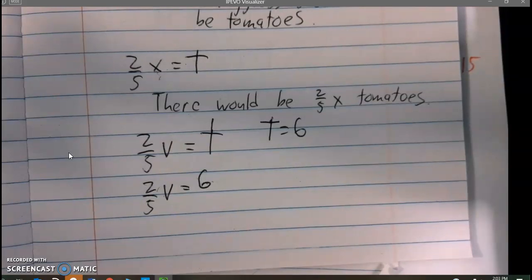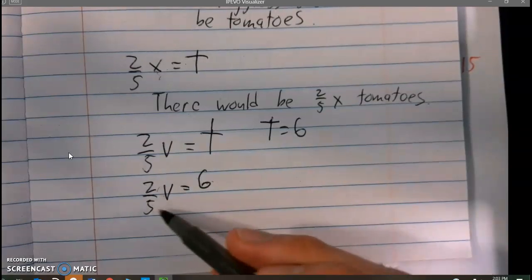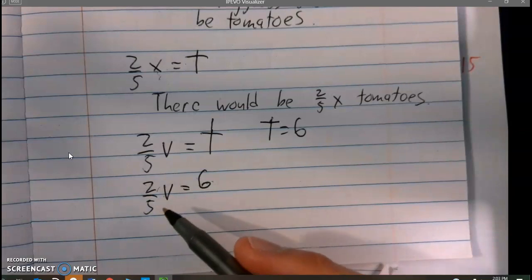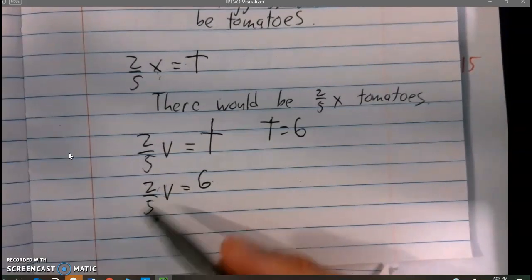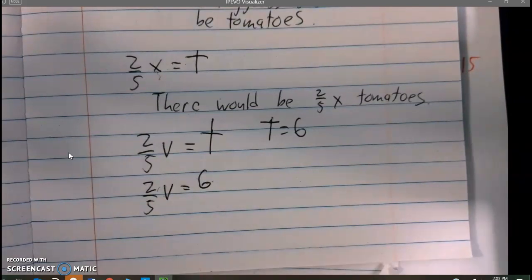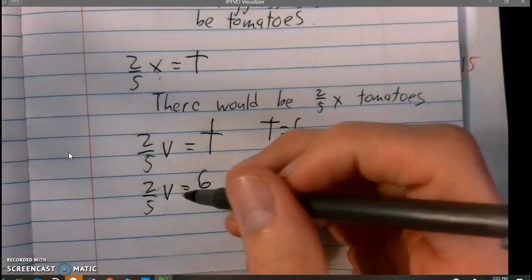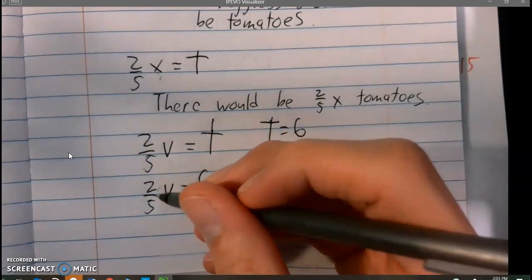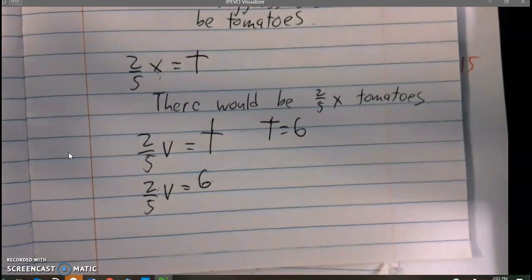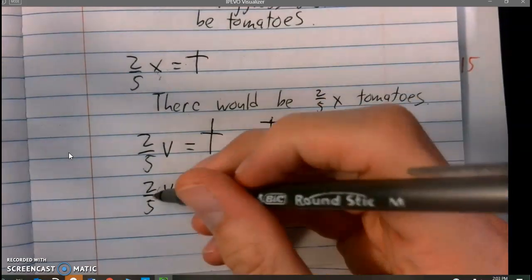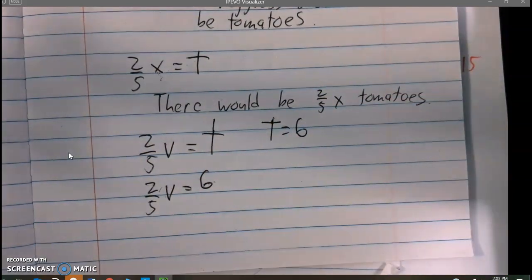In order to do inverse operations, though, we need to know what operation is happening here. There's no operation sign, so this must be a next-to notation problem, which means it's multiplication. If there's no symbol between a number and a variable, they're just attached together, that's just another way of representing multiplication. So this is 2/5 times V equals 6.